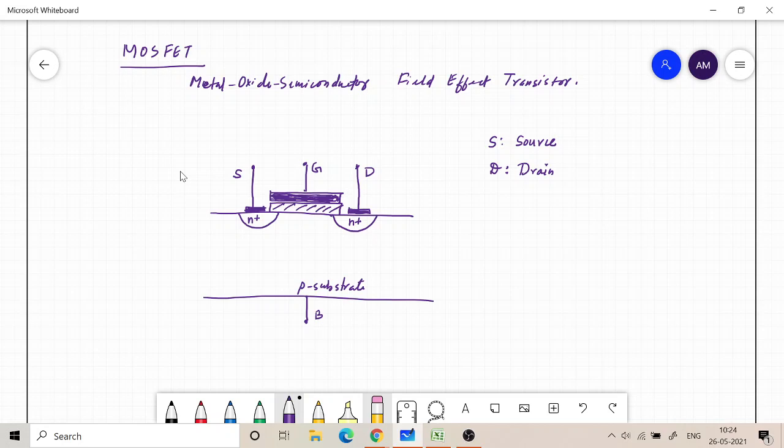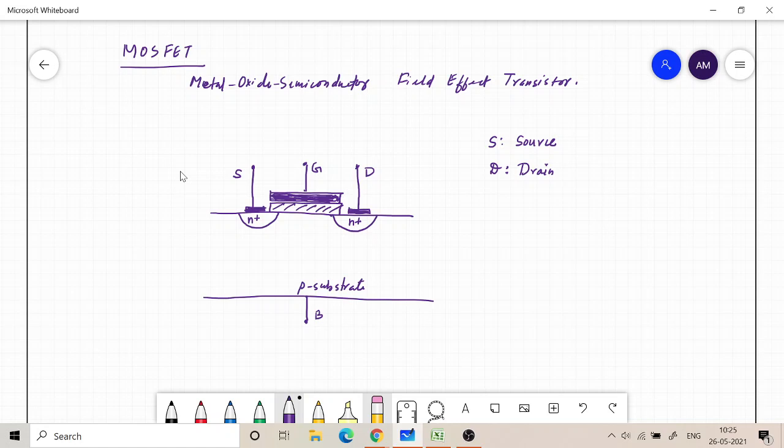Okay, now we already know what happens if you apply a gate voltage with respect to bulk. We have the three modes of operation. If you apply a negative voltage, it will attract all the holes underneath, accumulating the holes, therefore it is called accumulation mode.